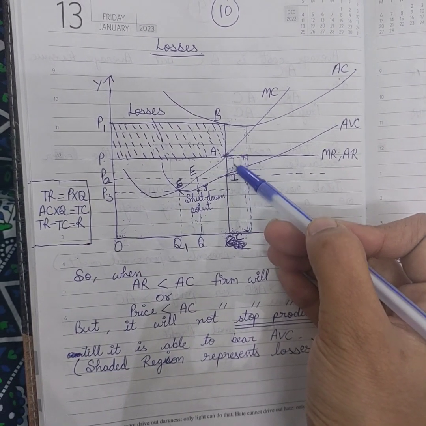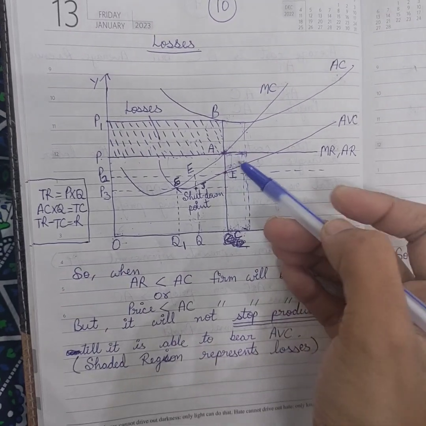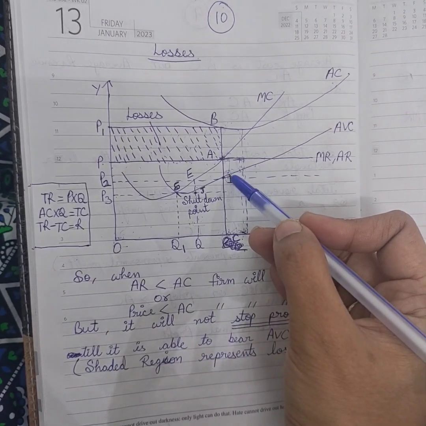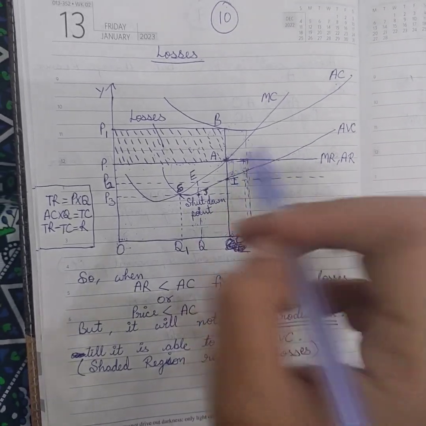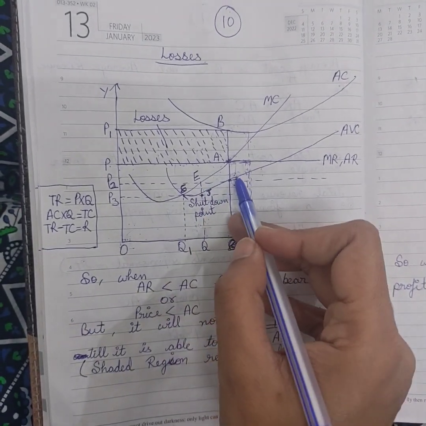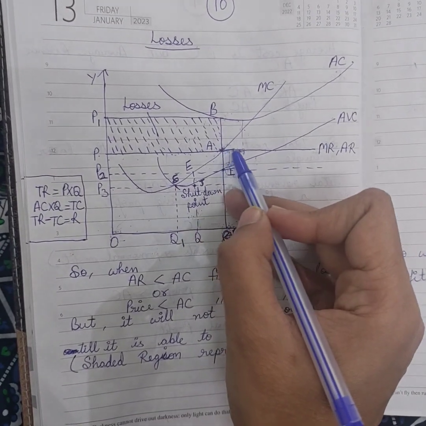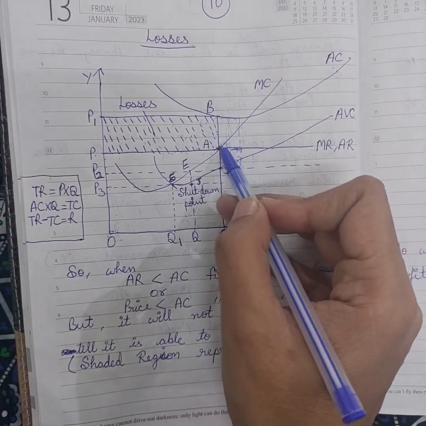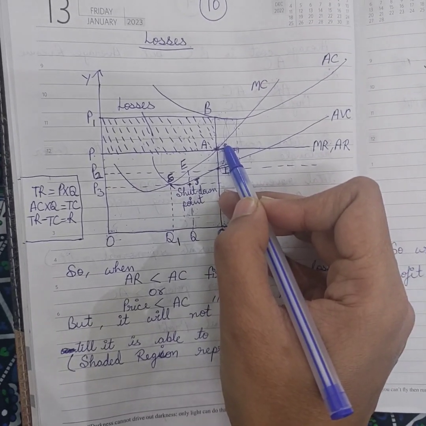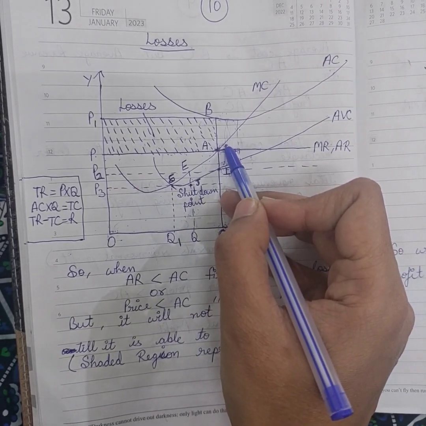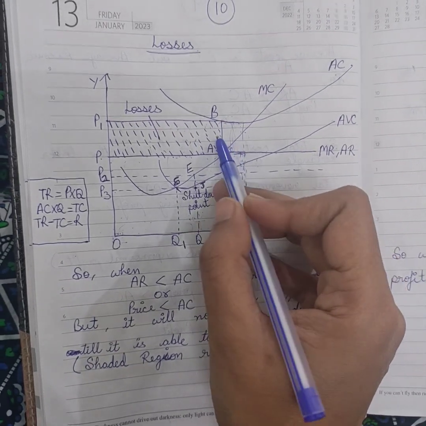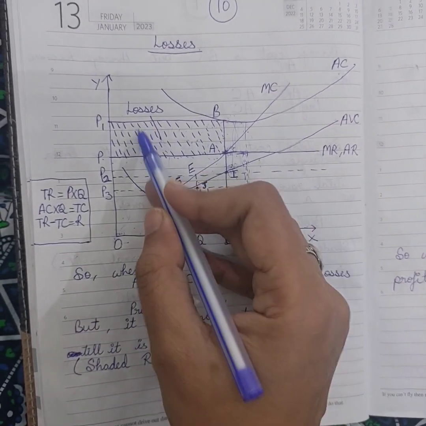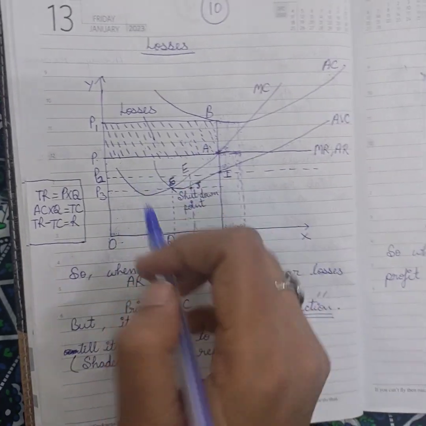This is a part of average fixed cost which our firm is able to recover, but it is not able to recover the remaining part of AFC. So it will be the loss for the firm.